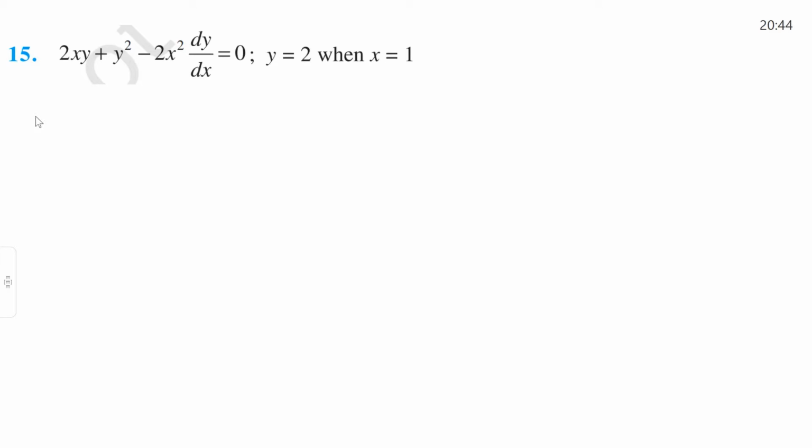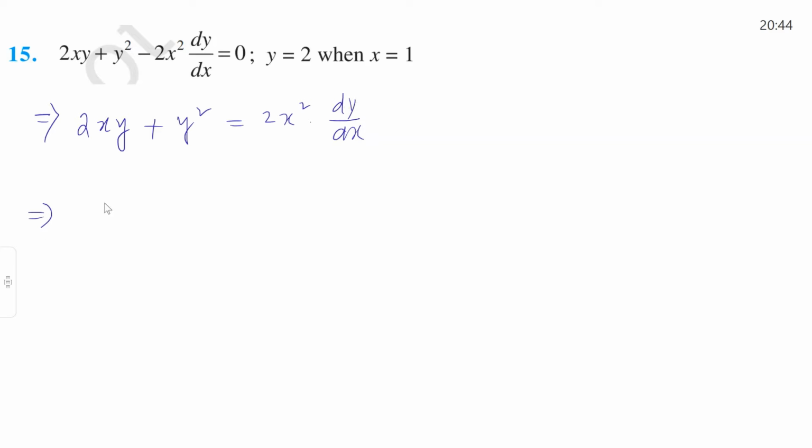This implies, first, dy/dx: twice xy plus y square is equal to twice x square dy/dx.